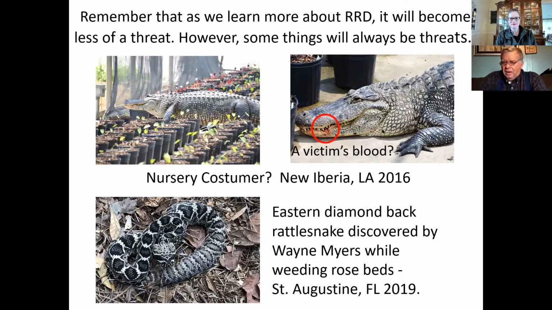So one day, we're not going to fear Rose Rosette, but there are still some things we're going to be afraid of. Alligators walking through nurseries where roses are being grown, that's something I'll be afraid of for the rest of my life. And in the bottom picture, a good friend of mine, Wayne Myers, who's been a rosarian for a long time in the Jacksonville, St. Augustine area.